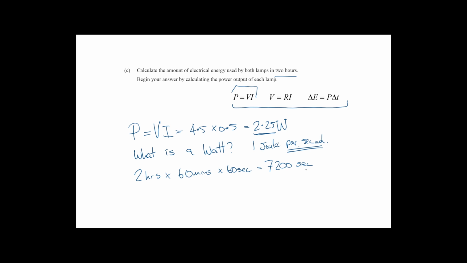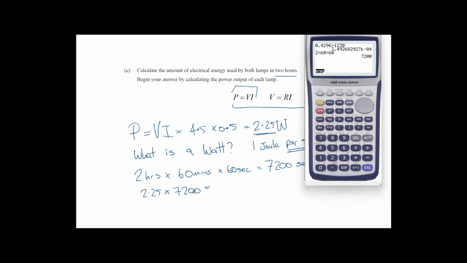Right, so if we're using 2.25 watts for 7,200 seconds, what's the total amount of energy? And if you look, it's actually this little equation here that we're going to use. So it's going to be 2.25 times 7,200 seconds. It's going to give us some number.